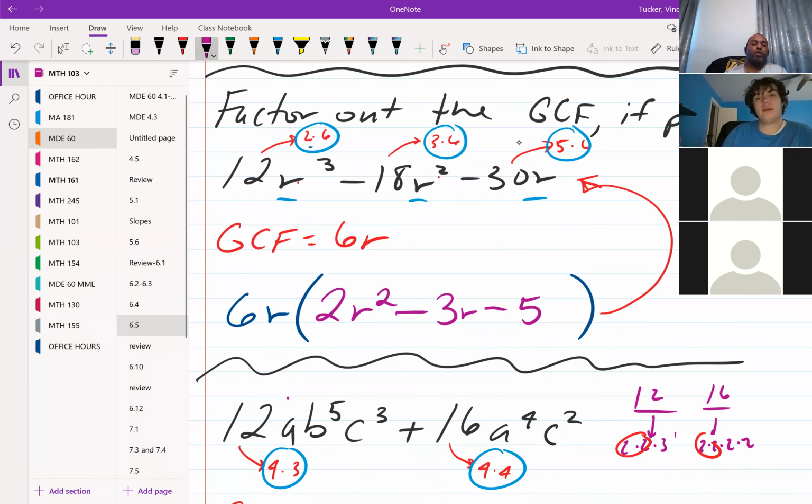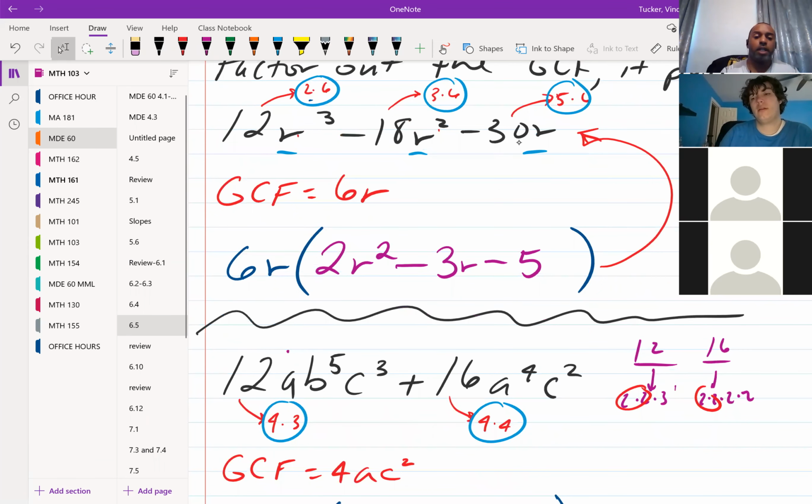All right, next one we have 12AB to the 5th, C to the 3rd, plus 16A to the 4th, C squared. So 12 is 4 times 3, 16 is 4 times 4. So I can factor out that 4. Then when we look at our A's, the first term has 1A, the second term has 4 A's.